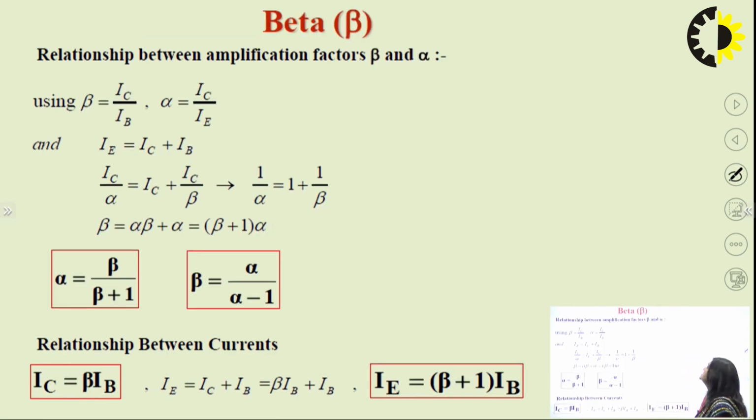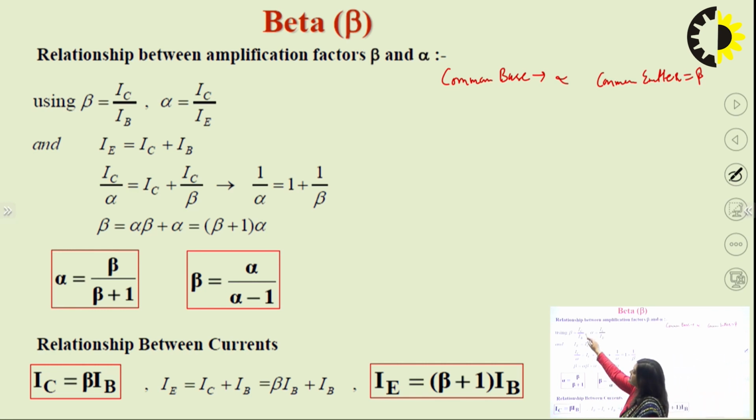After that we have seen the amplification factor: in common base it was alpha, and in common emitter it is beta. Now the relationship between beta and alpha: we can write beta as IC upon IB and alpha as IC upon IE, and we have the equation IE is equal to IC plus IB.